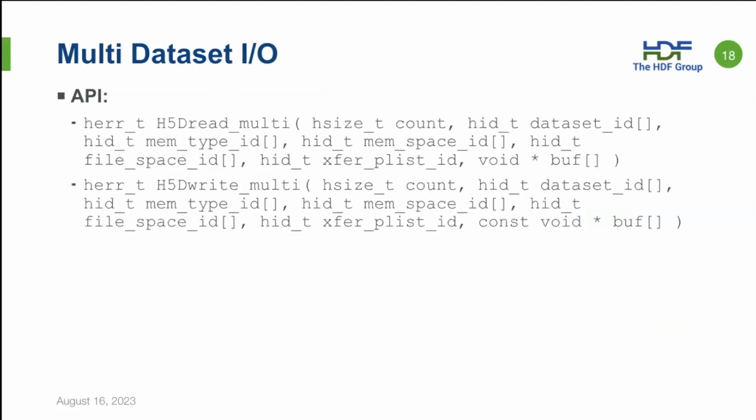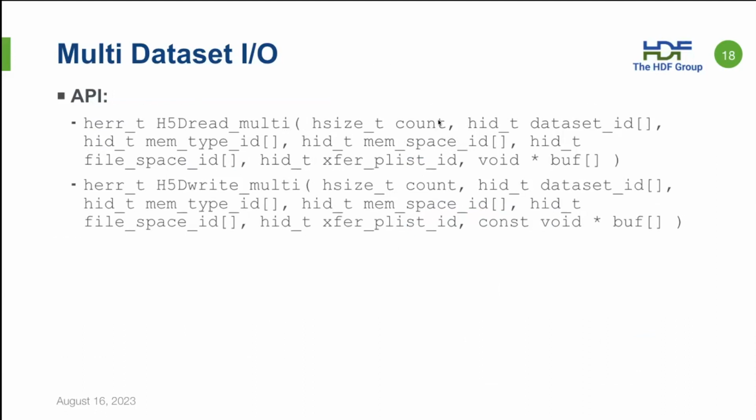So the APIs that allow this are up here. They're very similar to the existing H5Dread and H5Dwrite, but they're the multi versions, and you can see that most of the parameters are arrays.